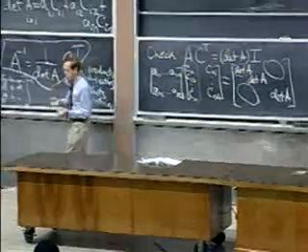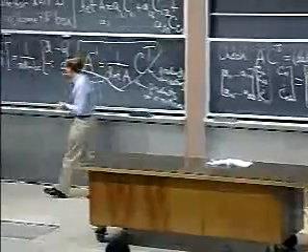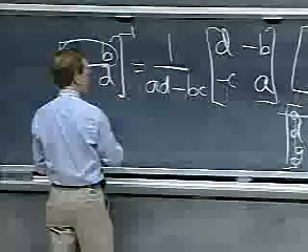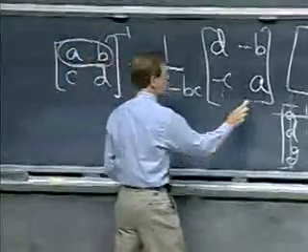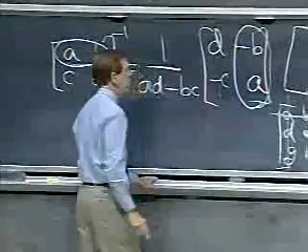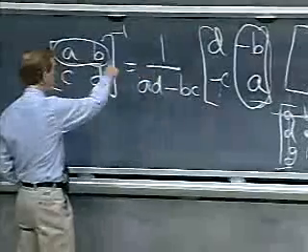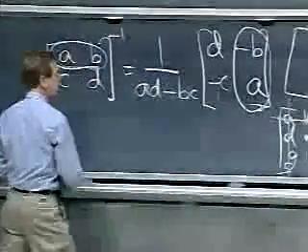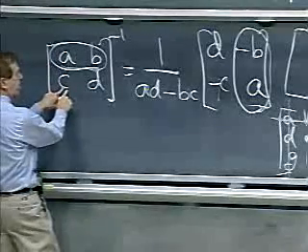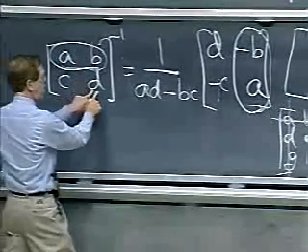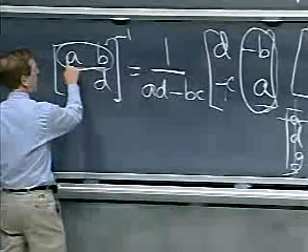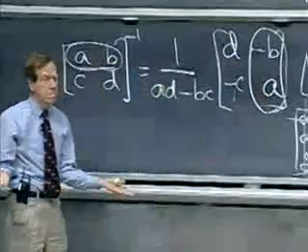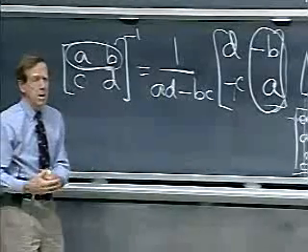And of course, we know it happens. In this case, here are the numbers from row 1, and these are the cofactors from row 2, because the cofactor of C is minus B, and the cofactor of D is A. And sure enough, that row times this column gives, please say it, 0.